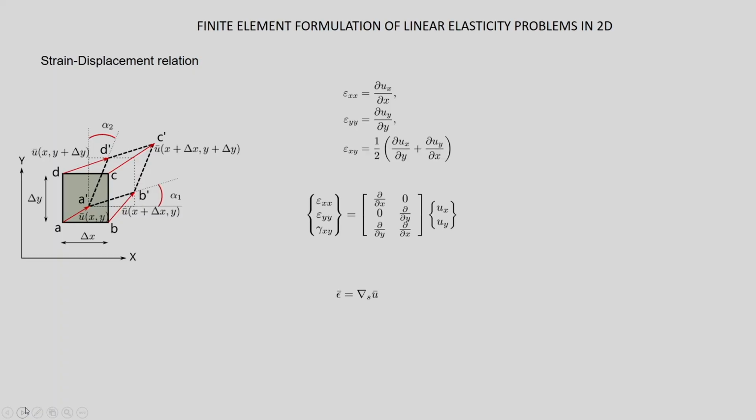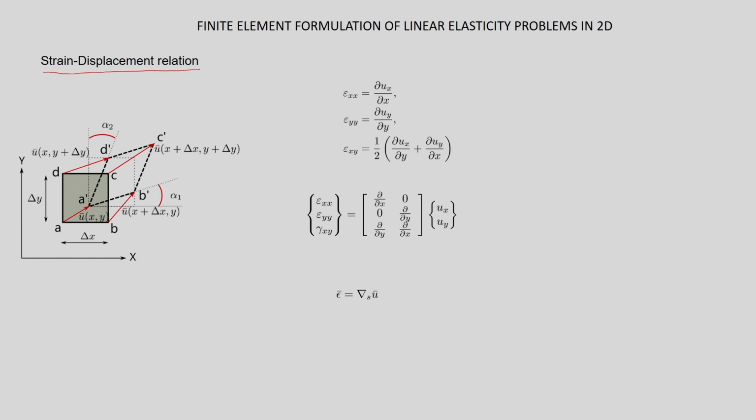Then we will solve the system of equations and finally we will see the results. So let us look at some of the basics. First we will be discussing the strain displacement relation, which is basically the relation between the displacement in a given domain and the associated strain.